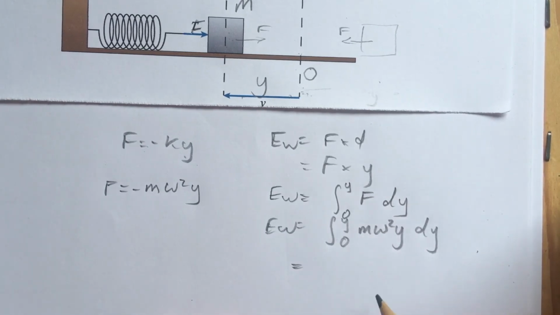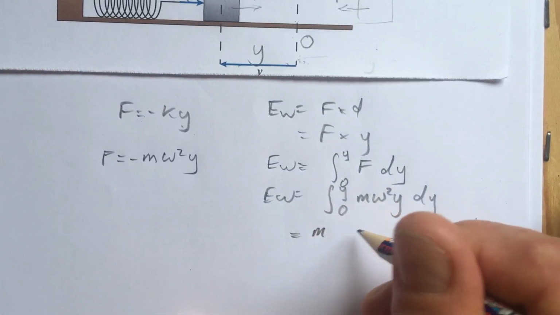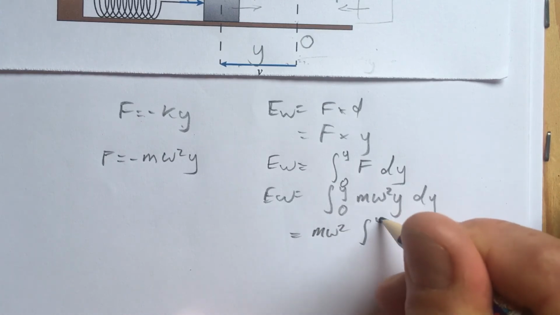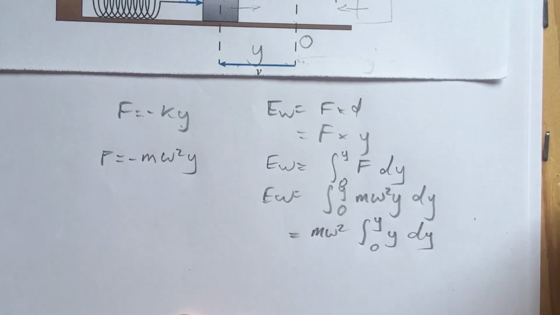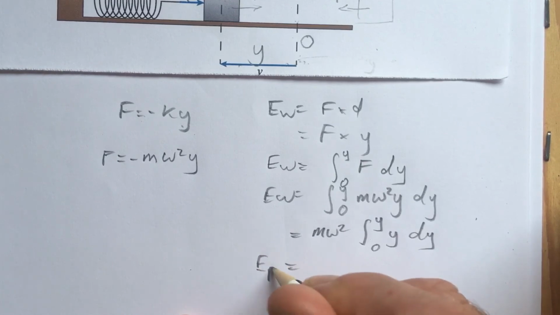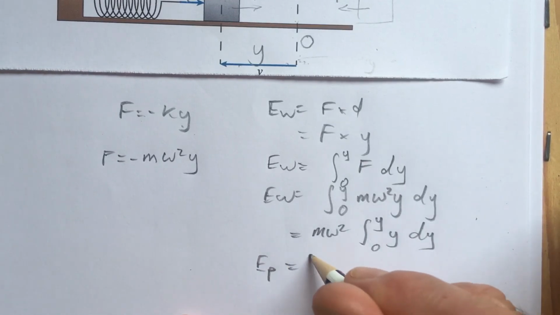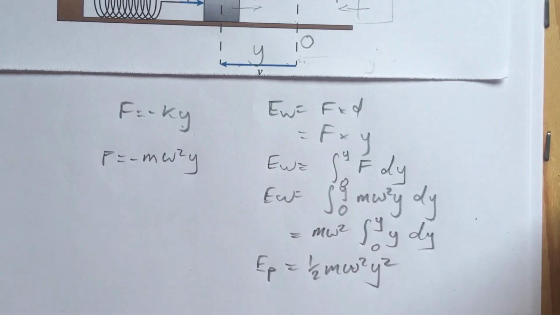I'm going to take out the constant at the front of the integral, so we've got m omega squared times the integral between y and 0 of y dy. The integral of y is half y squared, so we end up with the work done against the spring, the potential energy, is half m omega squared y squared, and that will work for any value of y, and that is the formula for potential energy for a spring system.